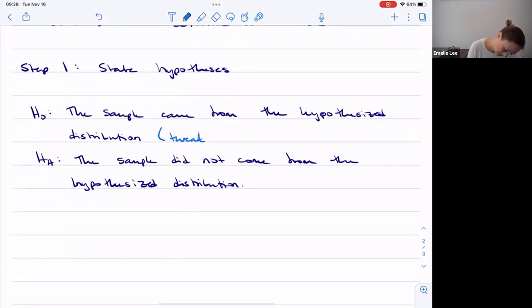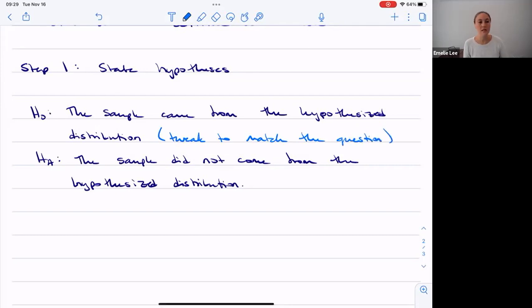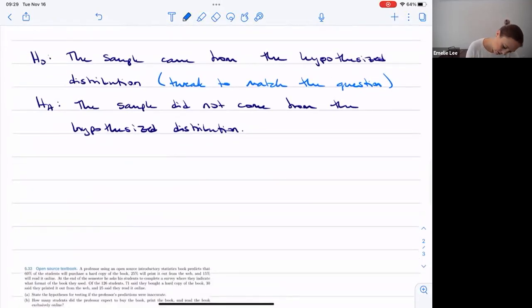And same thing with the alternative hypothesis, but we focus on the null hypothesis because the alternative hypothesis is just always going to be the opposite, right? And so this one is always the opposite of the null hypothesis.